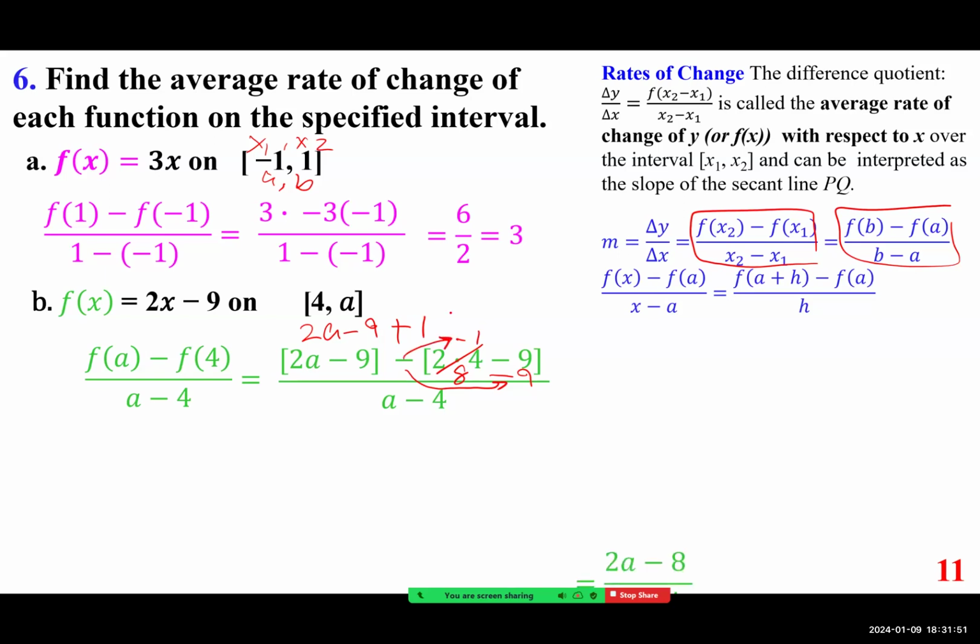The numerator is 2a minus 8. We can factor the 2 out. Let me just rewrite this. This is a minus 4, and these two cancel each other, and we get 2.